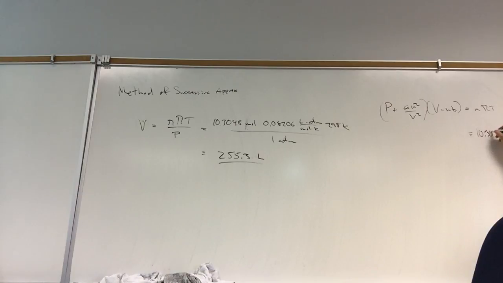So this was 10.3048 moles times R, which is 0.08206 liters atmosphere per mole Kelvin times, now we go from atmospheres to bars, so it's 1.01325 bar per atmosphere, times 298 Kelvin. And on the right side, can somebody just double check this calculation and tell me what they get?